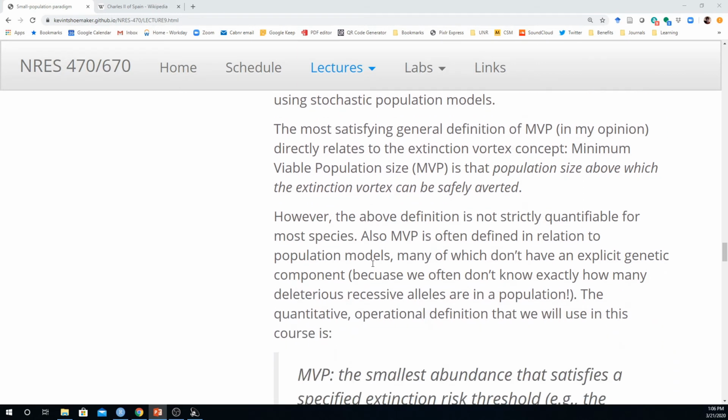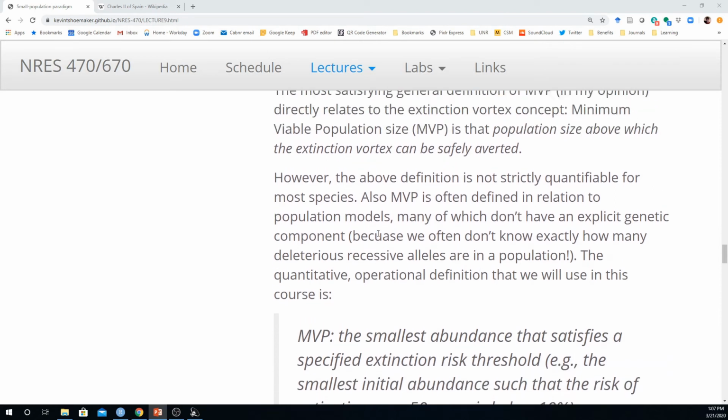Now, there are a couple of definitions of minimum viable population, but in my opinion, the most satisfying one is the population size above which the extinction vortex can be safely averted. Because as conservation biologists, we just want to make sure that the population we're focusing on doesn't get so small that it starts to fall into that insidious extinction vortex.